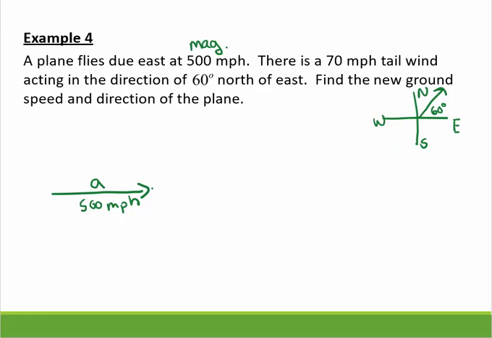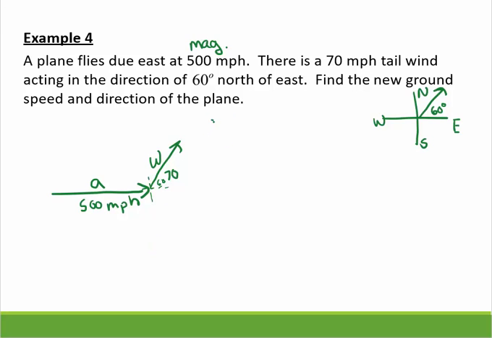So what that means is really, at the tip of our first vector, we're going to have the wind acting on it at a 70 mile per hour clip, where this angle here is 60. That's really small because I don't want you guys to get confused with that 70. Let's call this vector W.